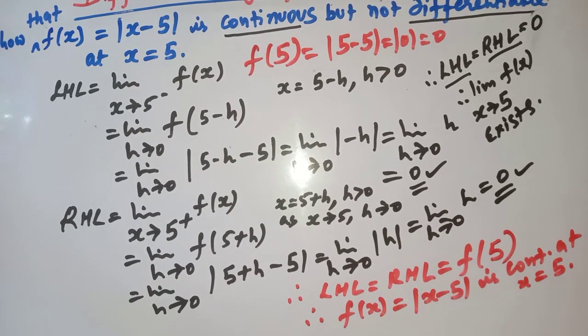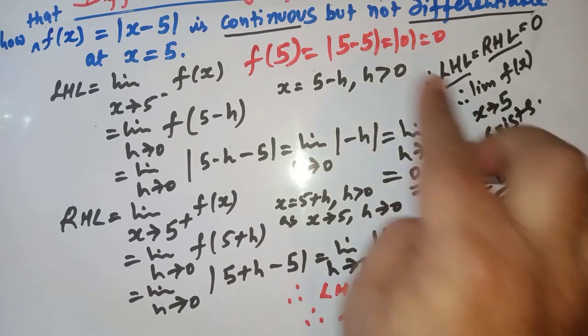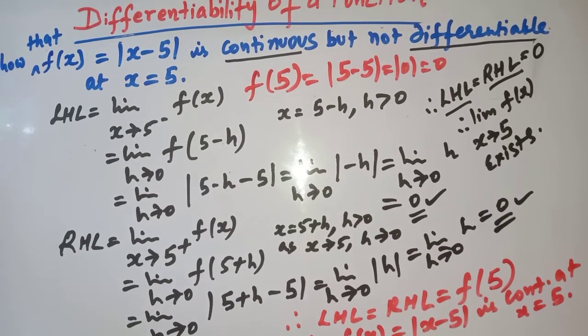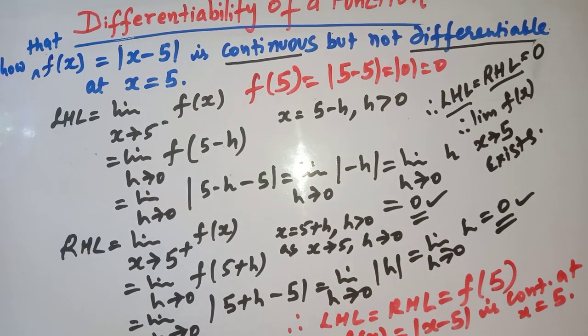Clear? So viewers, this is how we prove the continuity of this mod function at x is equal to 5. Now let us show that this function is not differentiable at x is equal to 5.